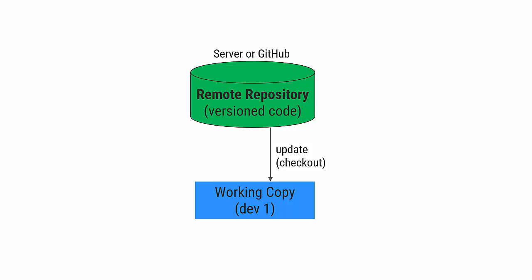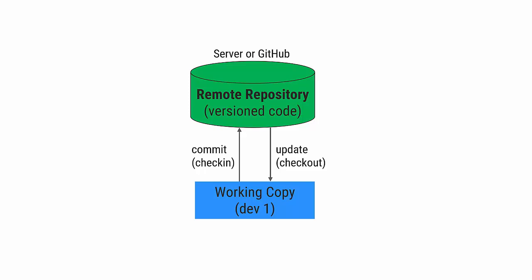So they would update their working copy or working directory, then they would make some changes, and finally they need to merge those changes into the remote repository, and we say that they are committing the code to the remote repository. So the code would be merged into the remote repository, and another term for that is check-in.